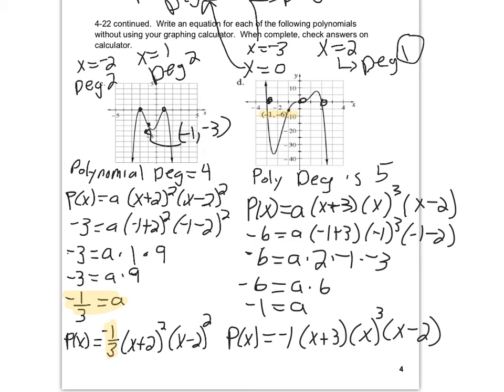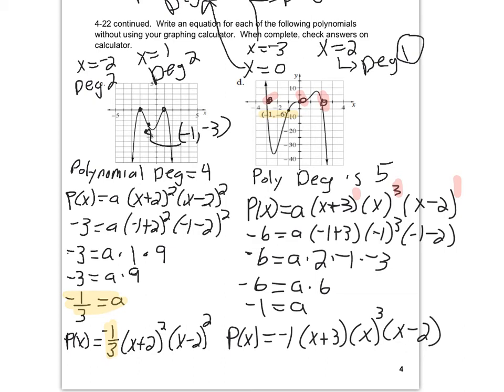So my equation has a times x plus 3 raised to the power of 1, so we don't just write 1 up there, we leave that empty, x to the power of 3, and x minus 2 raised to the power of 1.